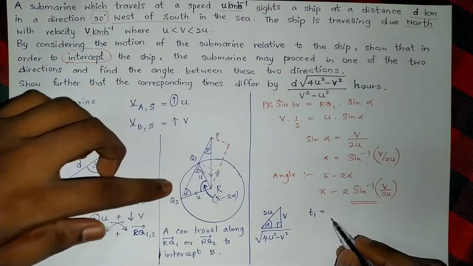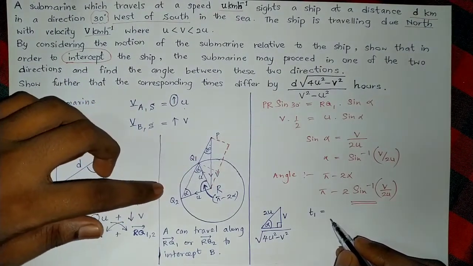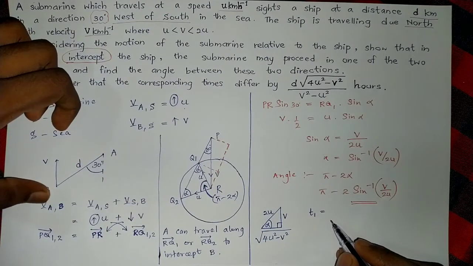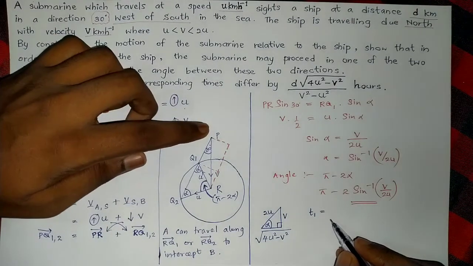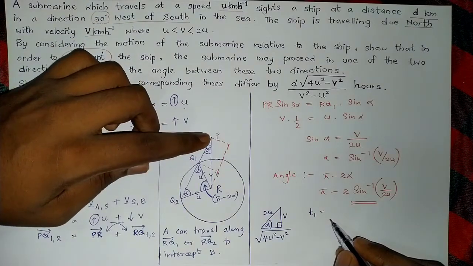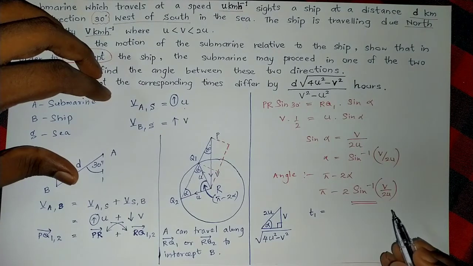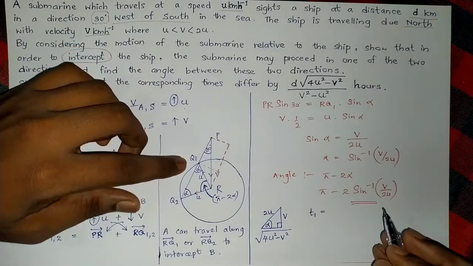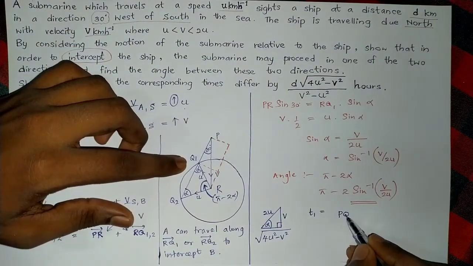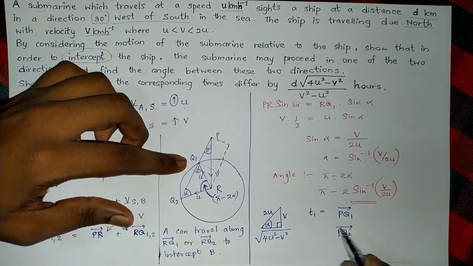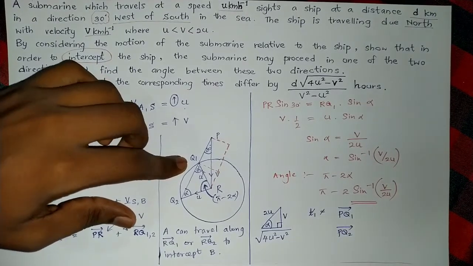First I have to find the velocity of the submarine with respect to the ship. That is, I have to find the magnitude of the RQ1 vector. So before considering these times, I have to find these two vectors. What are they? PQ1 vector and PQ2 vector.